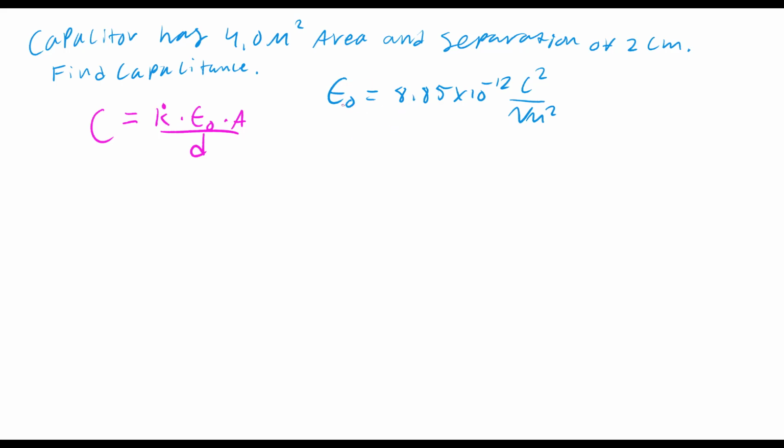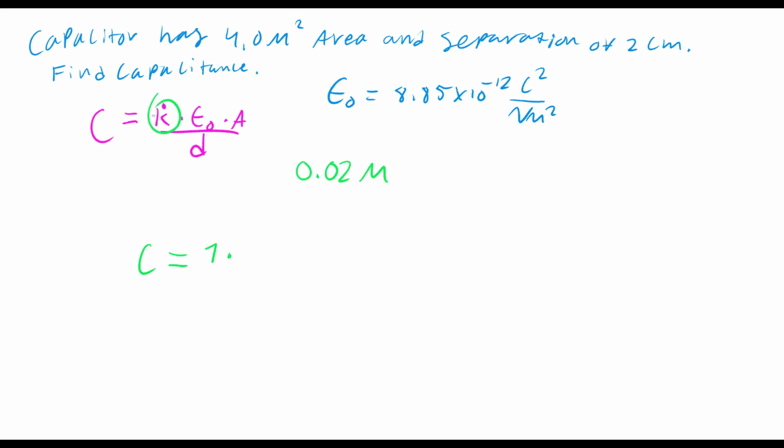Okay, so we're looking pretty good. We have the area, which should be in meters, that's good. But notice that our separation, our distance, is 2 centimeters. Well, what can we do? We can say that 2 centimeters is really just 0.02 meters. Alright, we now have that the capacitance is equal to, let's do 1.